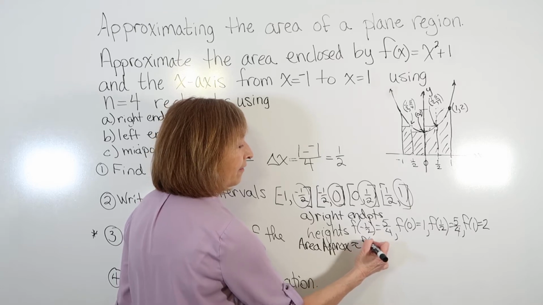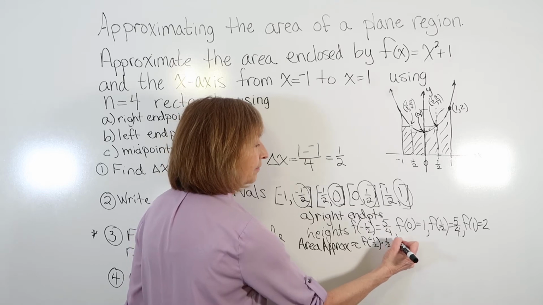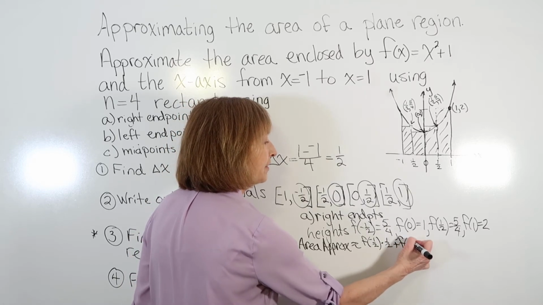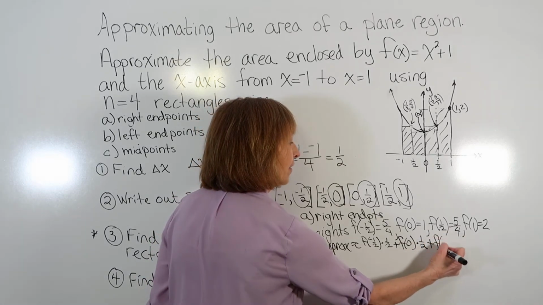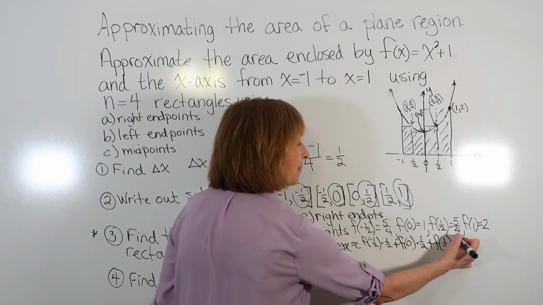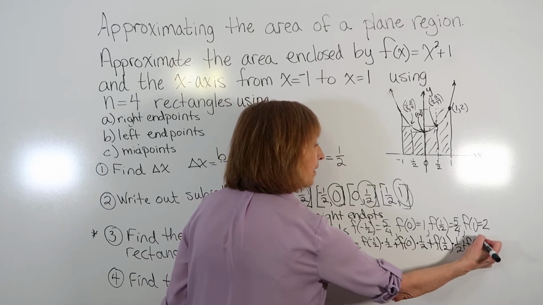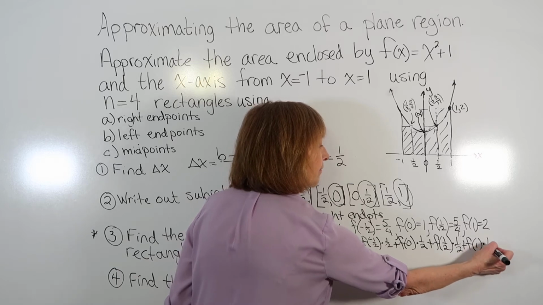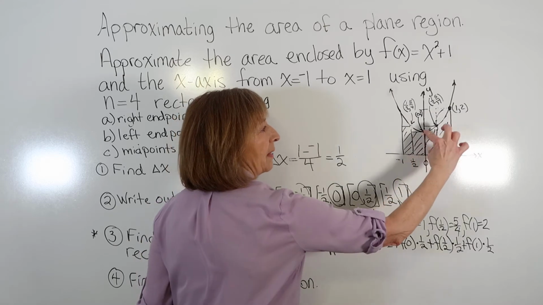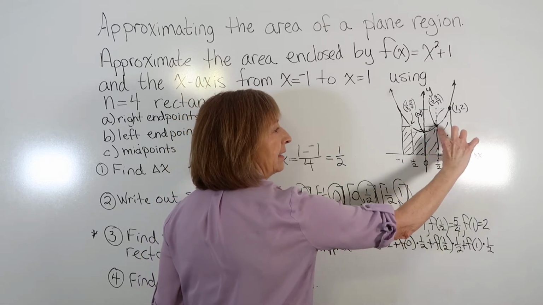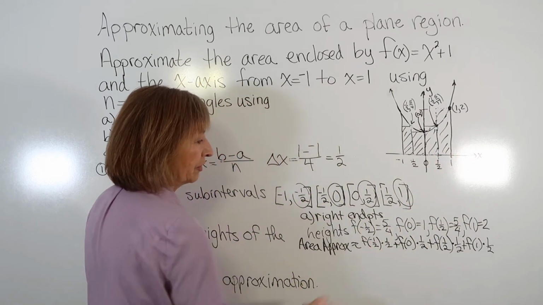So we have f of negative 1/2 times 1/2 plus f of 0 times 1/2, then plus f of 1/2 times 1/2, and then lastly plus f of 1 times 1/2. So my height times my width plus my height times my width plus my height times my width plus my height times my width.